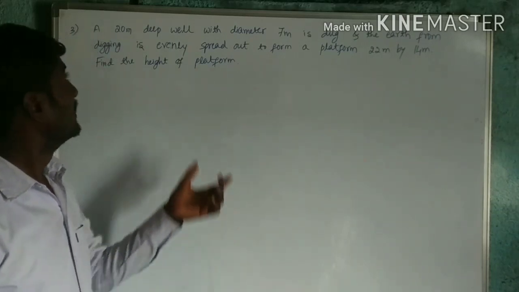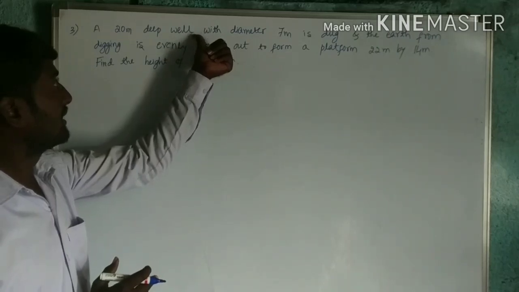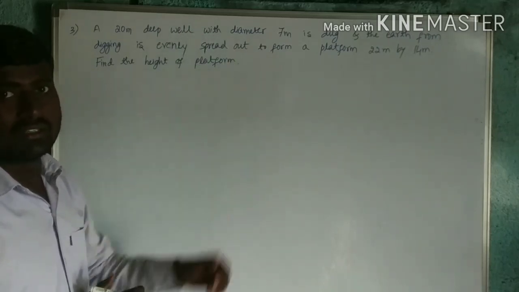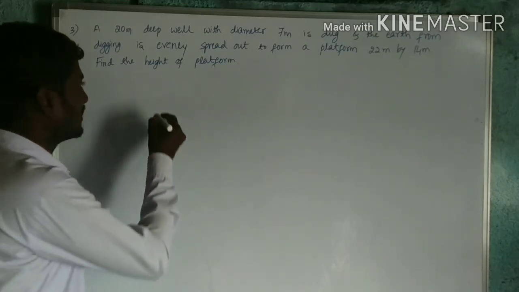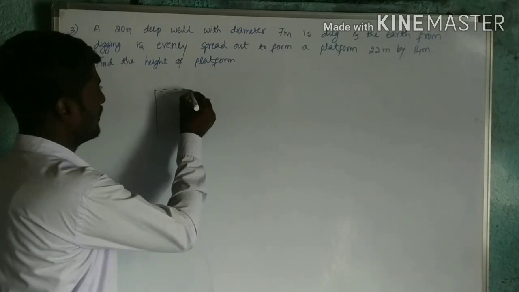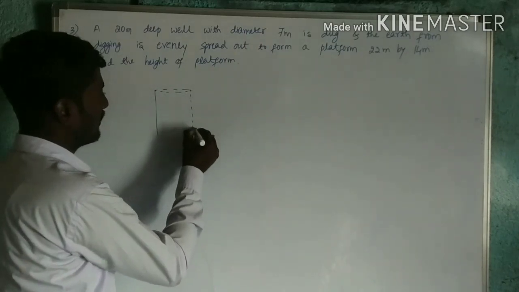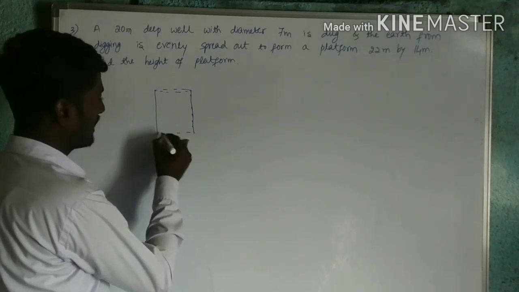Here, we are going to dig a well, so the well is in the shape of a cylinder. Let us take this as a well. From this well we are taking the earth, means the soil.